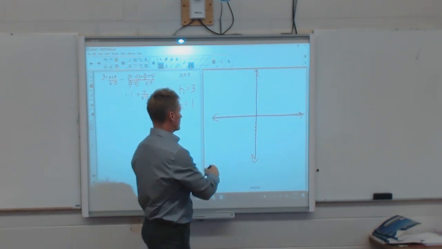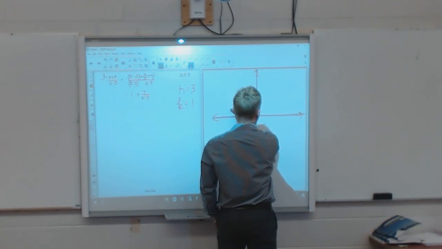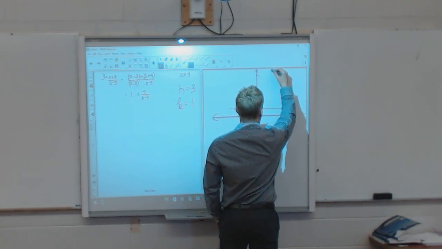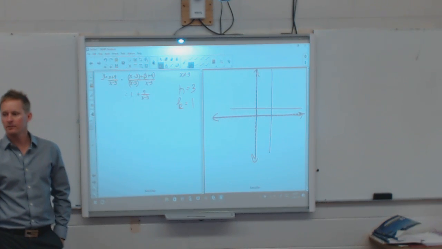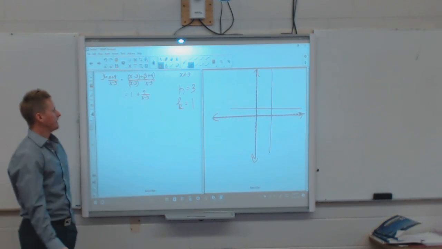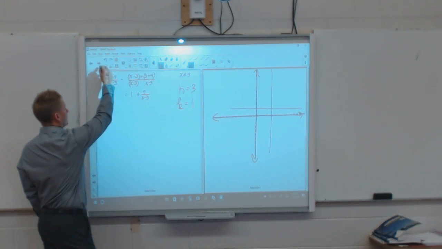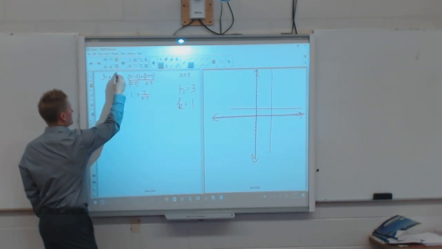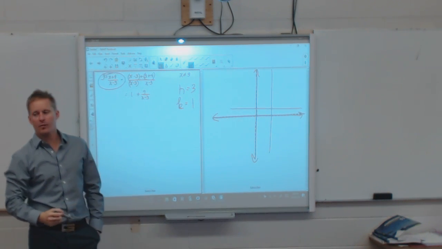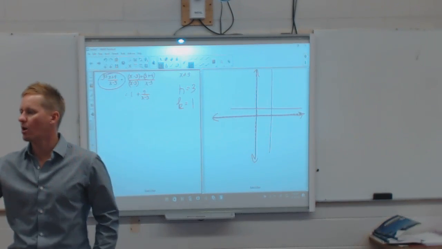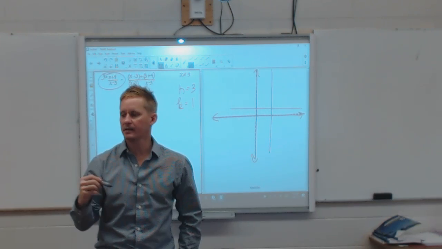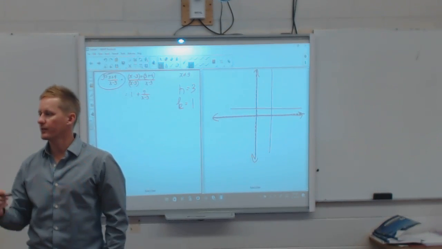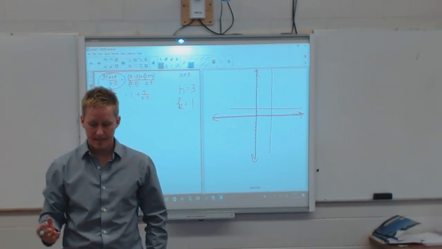So then you would move this right 3 and up 1 to there. So your 0 and 0 moves. Fair enough? Now, I need you to look at this again. When you look at the equation, if there is no common factor between the top and bottom, there are just asymptotes for this graph.